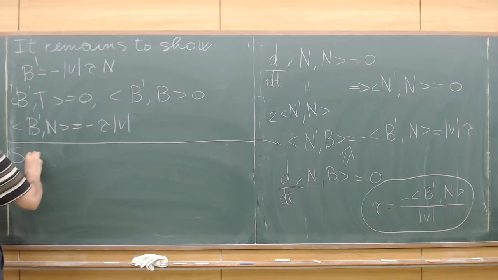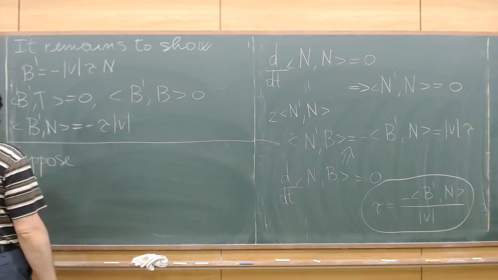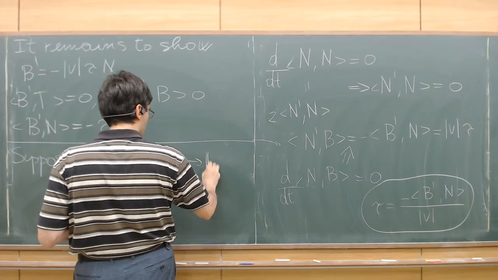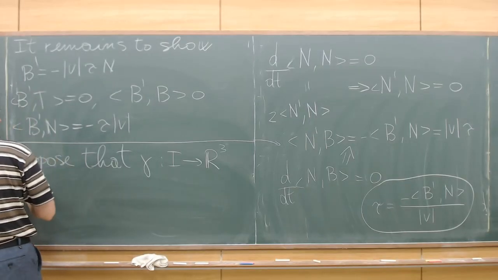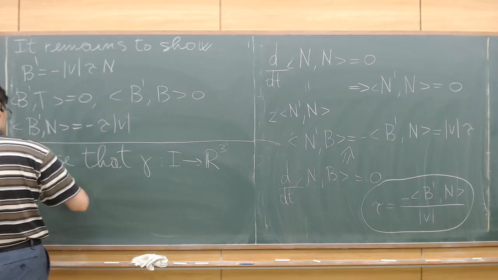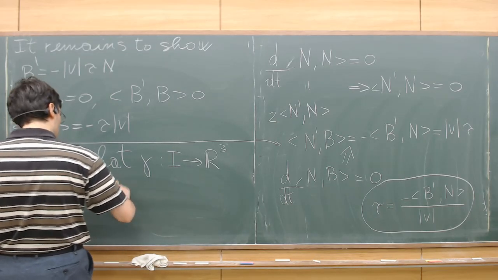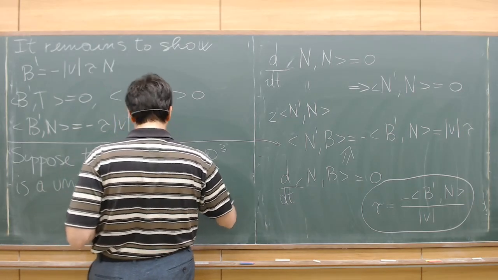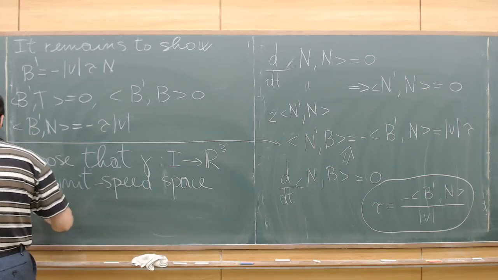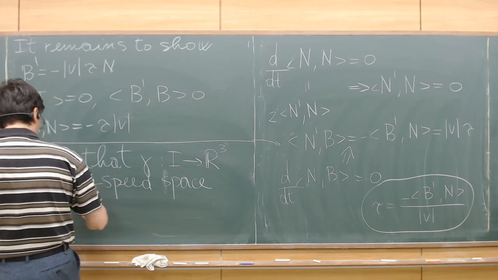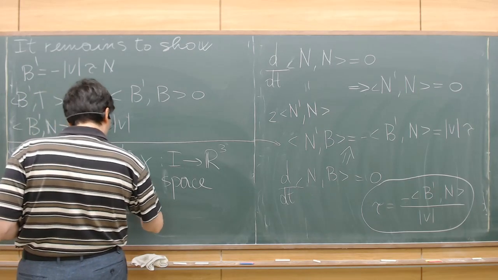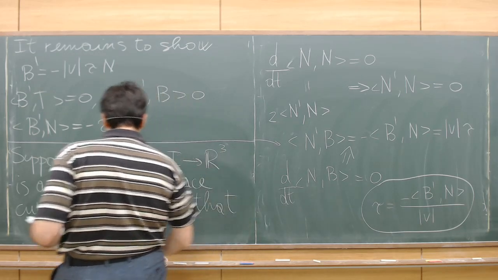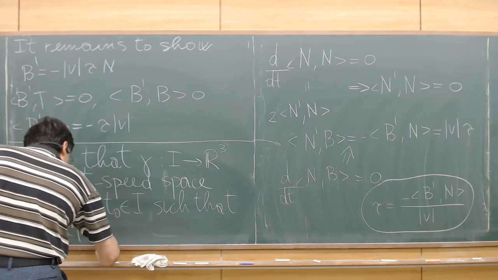So suppose that gamma is a unit speed space curve and fix t0 in I such that the curvature at t0 is non-zero.